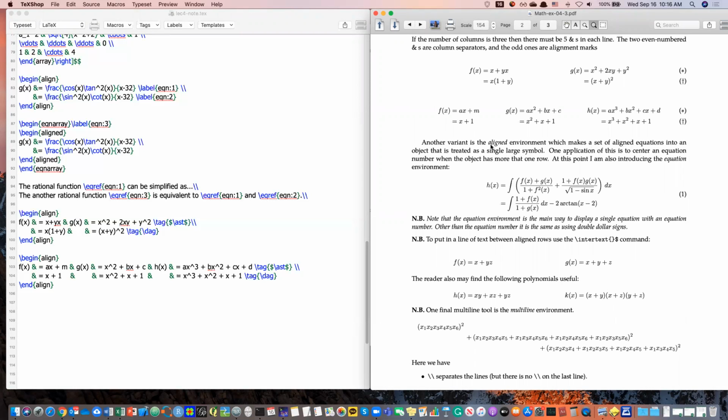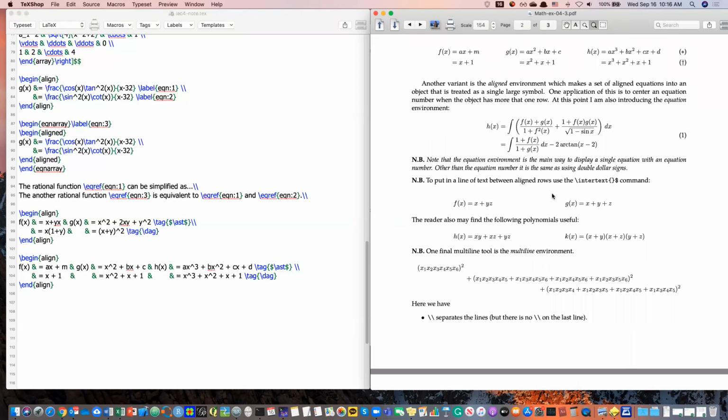The aligned environment makes a set of aligned equations into an object that is treated as a single large symbol. Next one. Note that the equation environment is the main way to display a single equation with an equation number. Other than the equation number, it is the same as using double dollar signs.